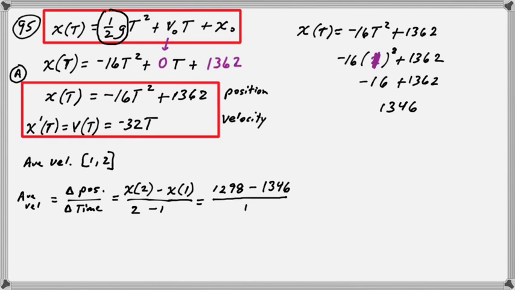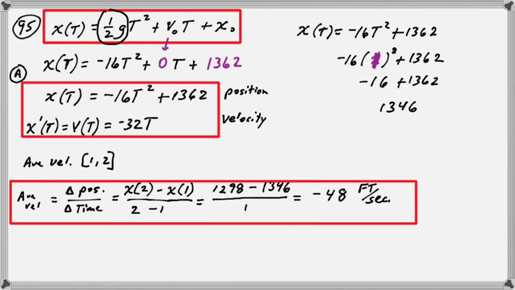And when you subtract these, what do we end up with? Negative 48. And because it's a velocity, that's going to be in feet per second. Now that's the average velocity on that time. And that would be your answer for part B.